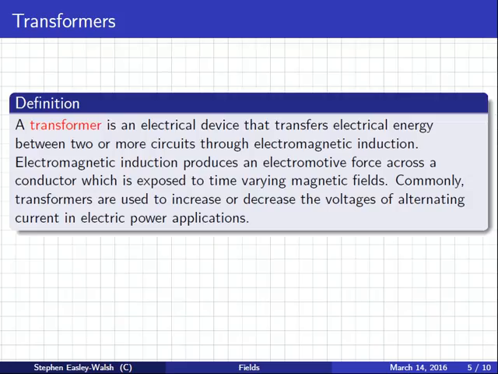So the transformer takes 220 and changes it into 6. Like your phone, I think your phone is maybe 3 volts. So the transformer on your phone takes 220 and converts it into 3. So transformers change the voltage, that's what it does. Can you just write the last sentence?